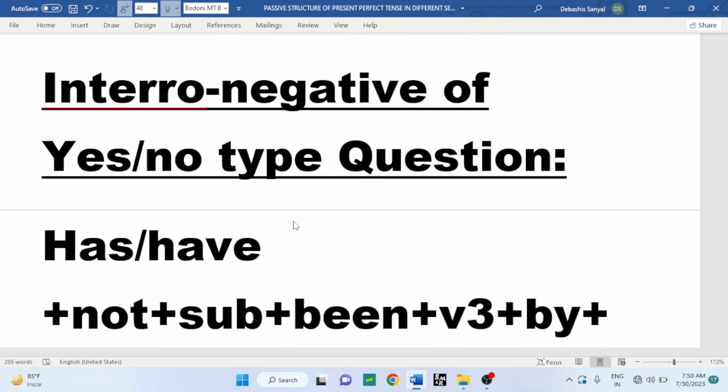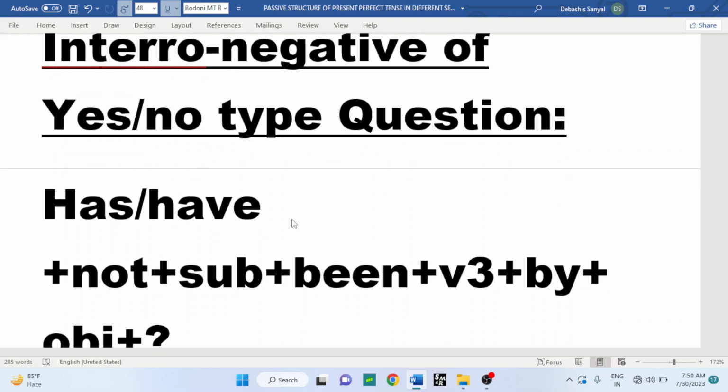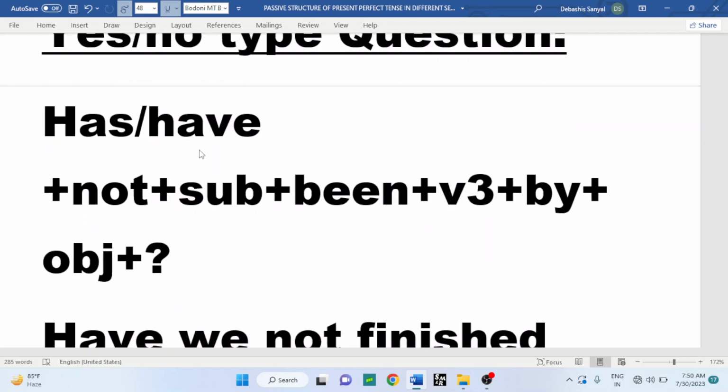Interrogative. It's very clear that the sentence has a meaning of negativity. Has or have, then not, subject, been, third form of the verb, by, then object, and at the end of the sentence a question mark.